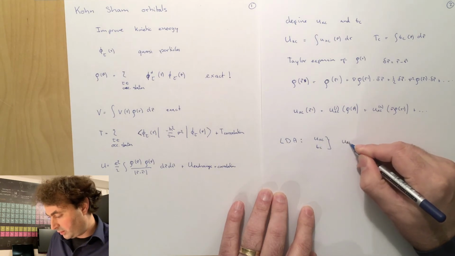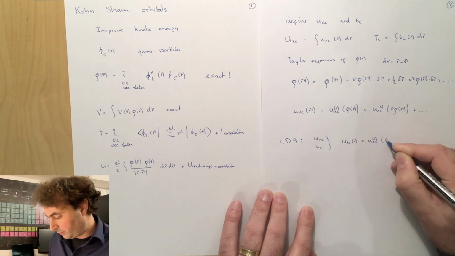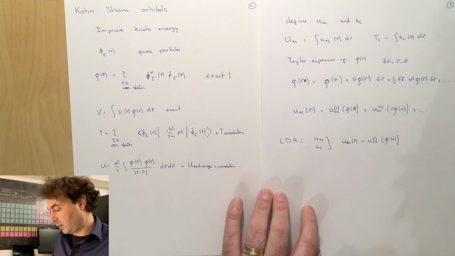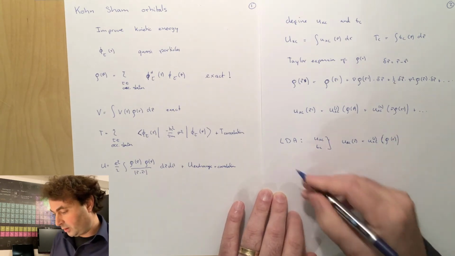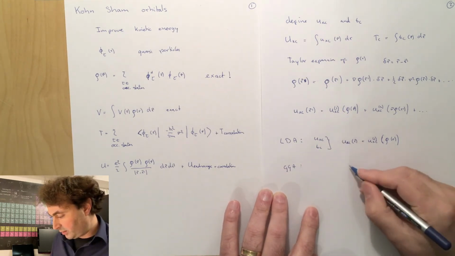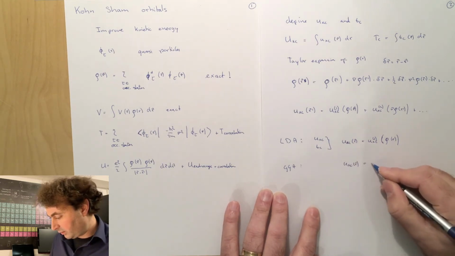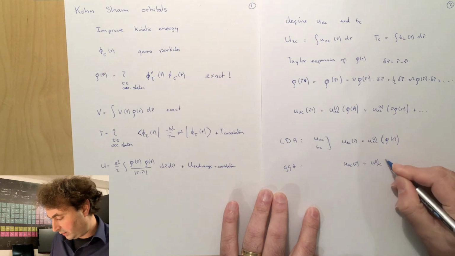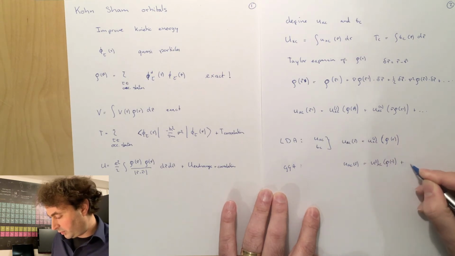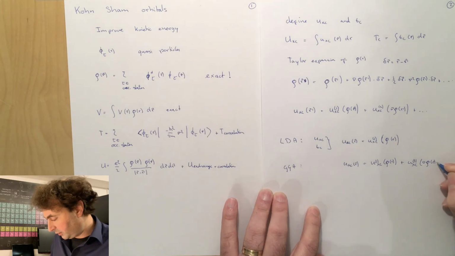So U exchange correlation of R is U1 exchange correlation of the density in R. And GGA, generalized gradient approximation, is going to say that U exchange correlation density at point R is given by U1 exchange correlation of rho of R plus U2 exchange correlation of the gradient of rho of R dot delta R.